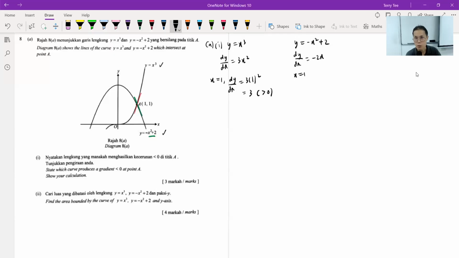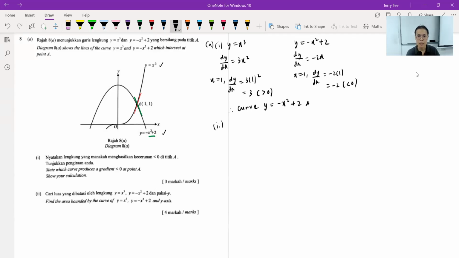When I substitute x with 1, my dy/dx will be minus 2 times 1, which is minus 2, less than 0. So therefore, the curve that gives us a negative gradient is y equals negative x squared plus 2.